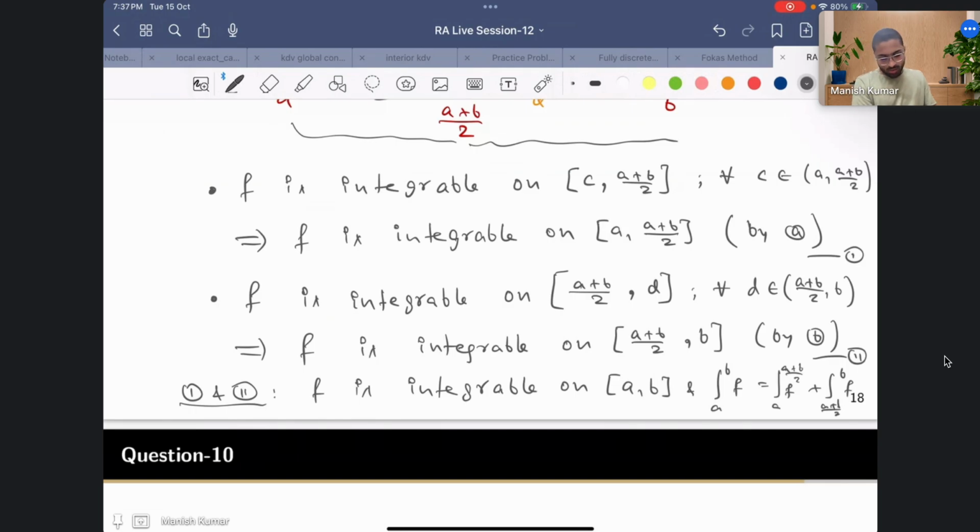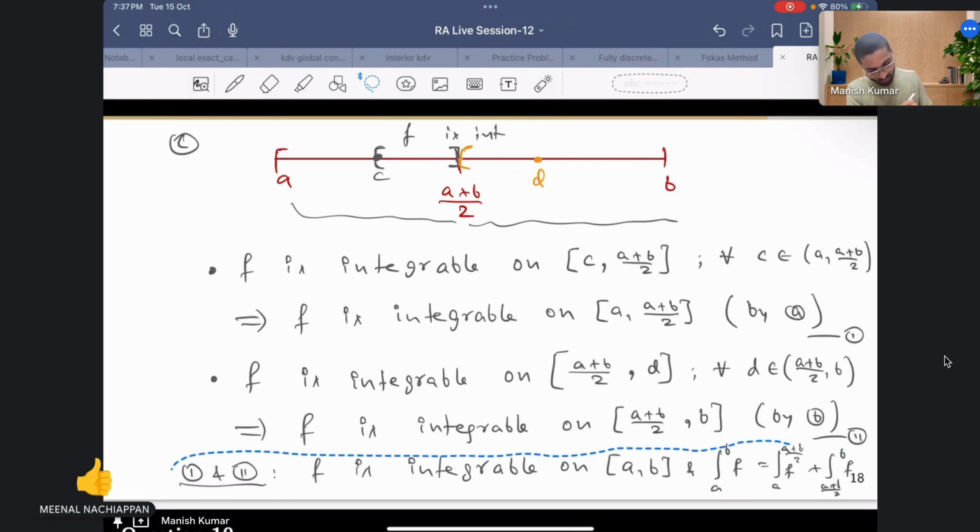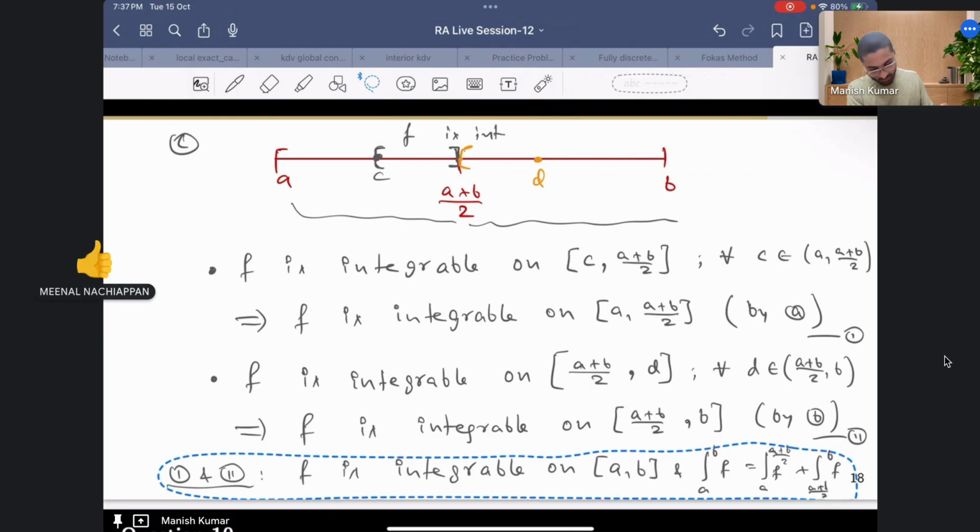So this is how you can conclude the integrability of f on the whole interval [a, b]. Okay, is this fine to everyone?